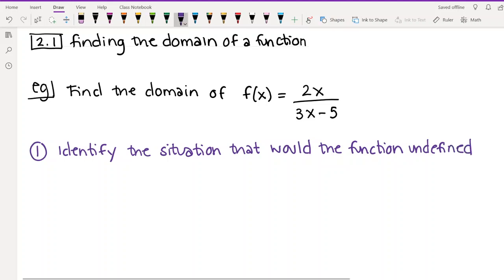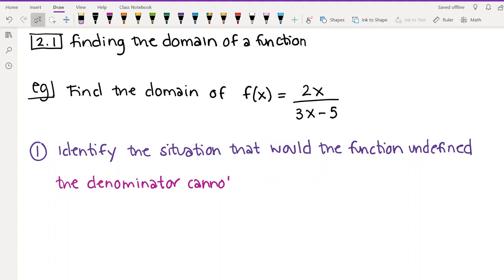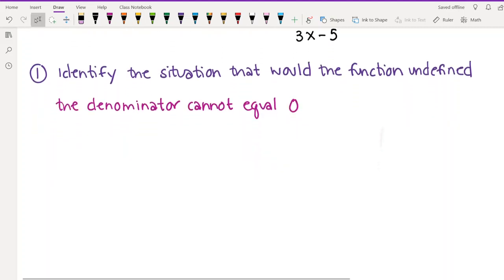And there's a variable in the denominator. And so that tells us that what we need to be looking out for is that the denominator cannot equal 0, because in that case, we would be dividing by 0, which yields an undefined answer.